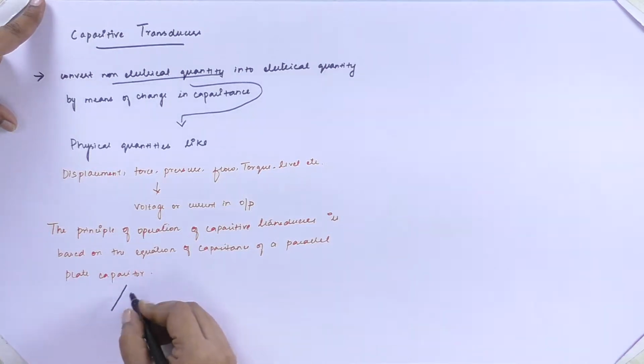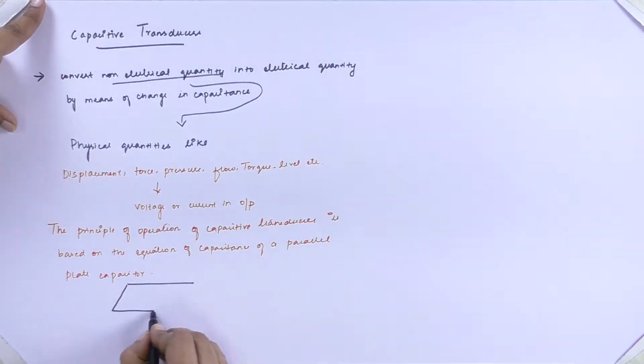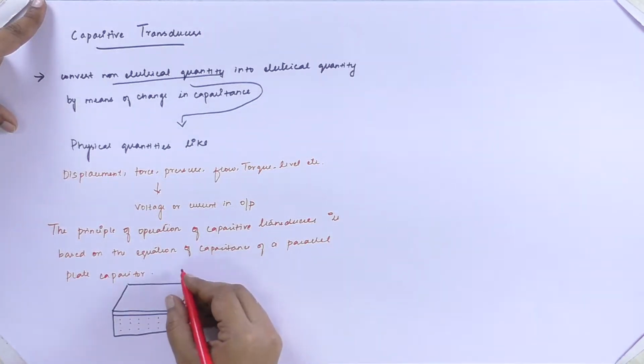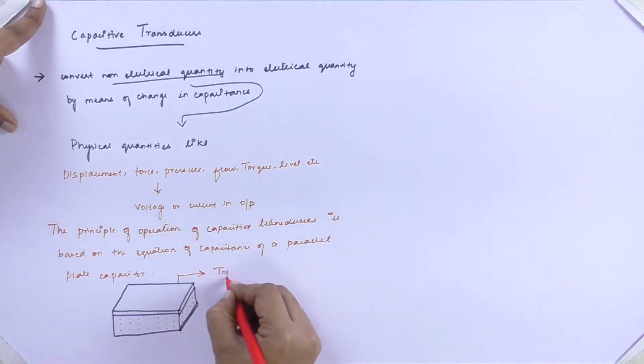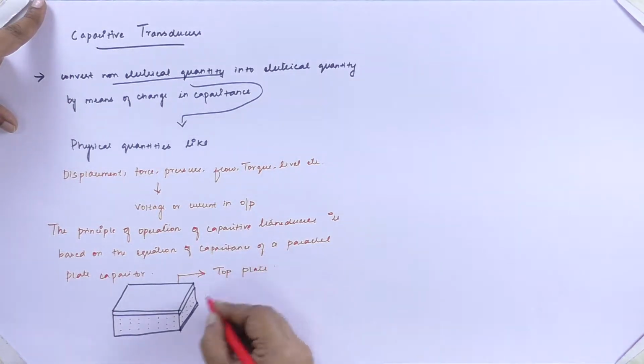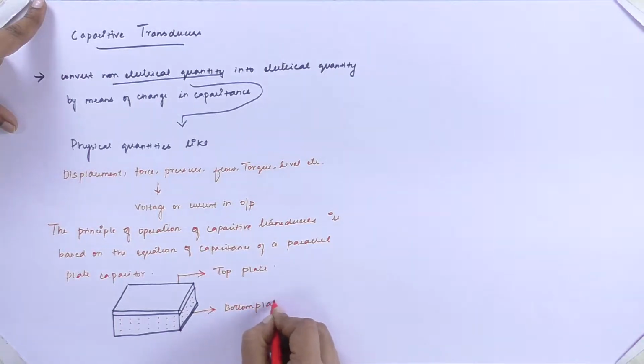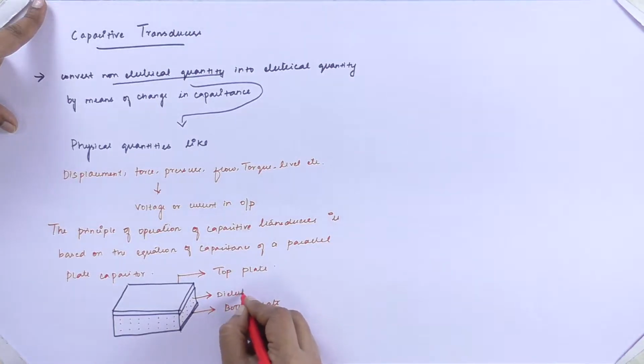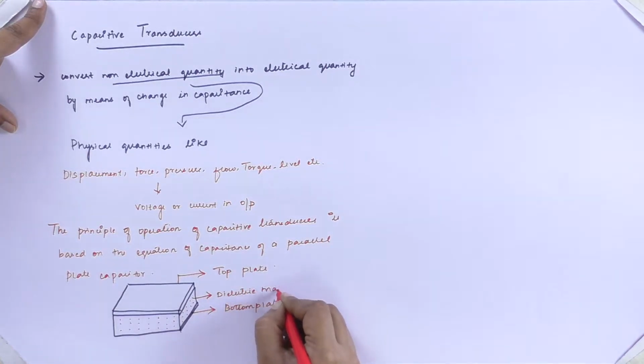The parallel plate capacitor has a top plate and a bottom plate. In between the top plate and bottom plate there will be a dielectric medium. This one is the top plate and this one is the bottom plate, and in between is the dielectric material.